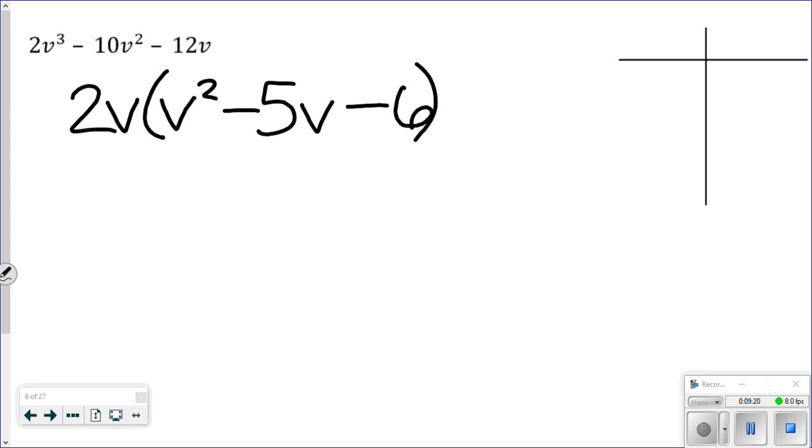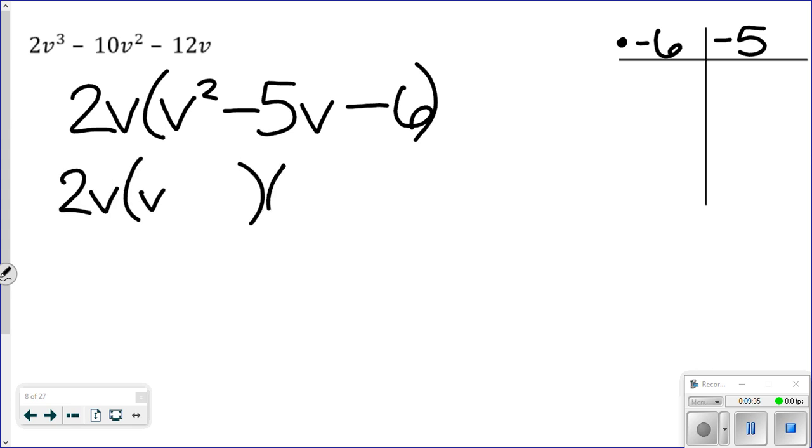So now you're looking for numbers that multiply to get that -6 and add to get the -5. I know that one factor has to be positive and one factor has to be negative, because I need to multiply to get a -6.